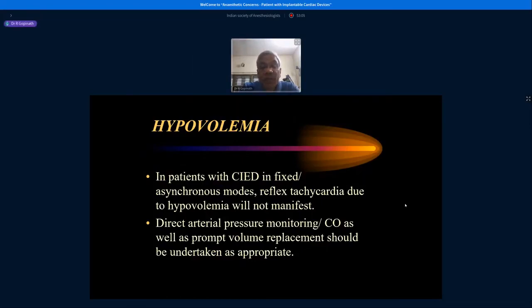So at least in these patients, or where you expect some problems to arise because of volume changes or massive volume requirements, then direct arterial or invasive arterial pressure monitoring or cardiac output monitoring should be used for prompt volume replacement, and this should be done whenever appropriate.